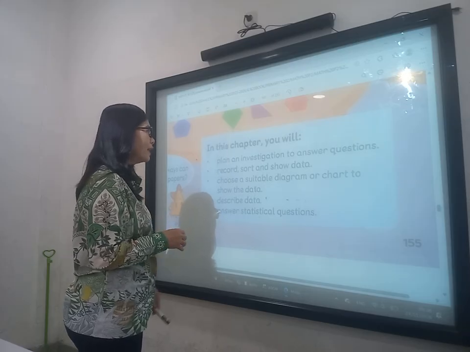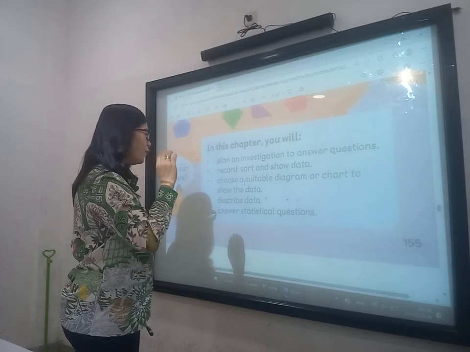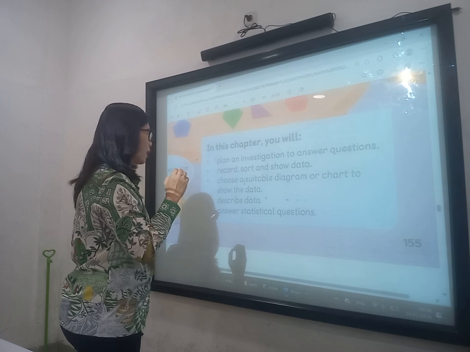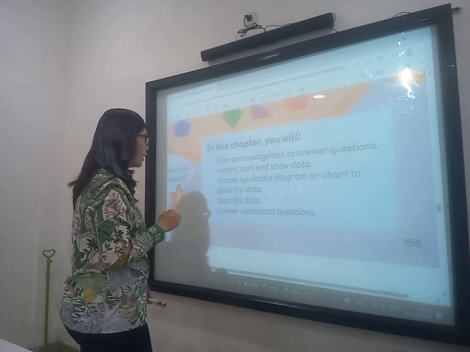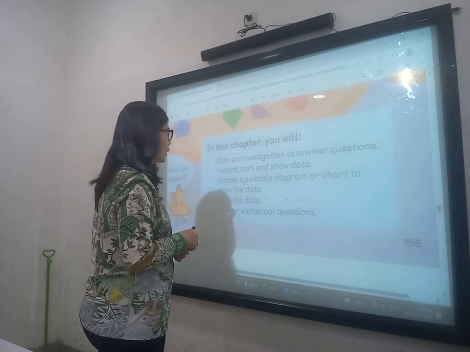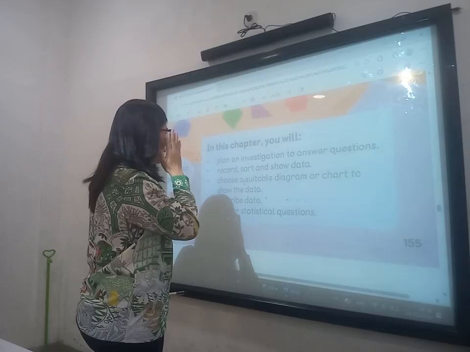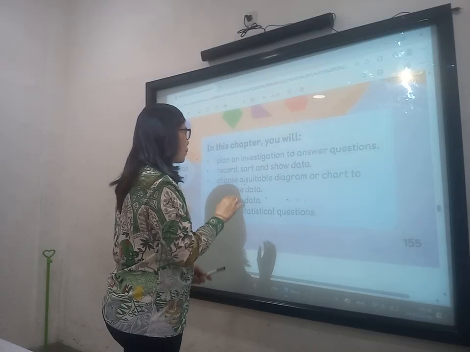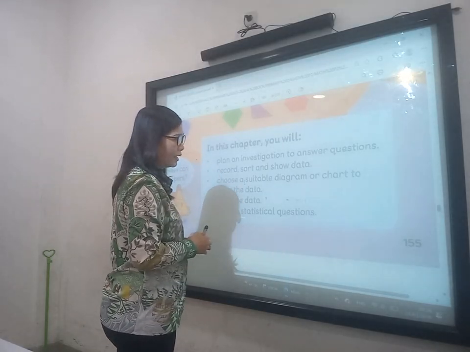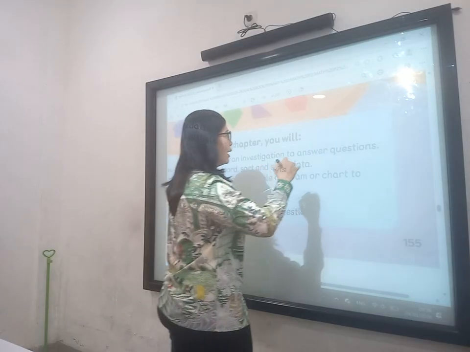For example, you find the fruits, and then you make the data of fruit, which is you group the fruit by color.